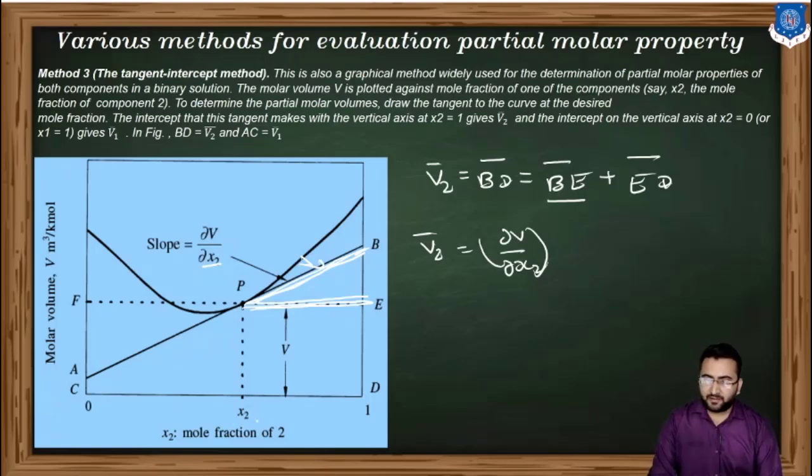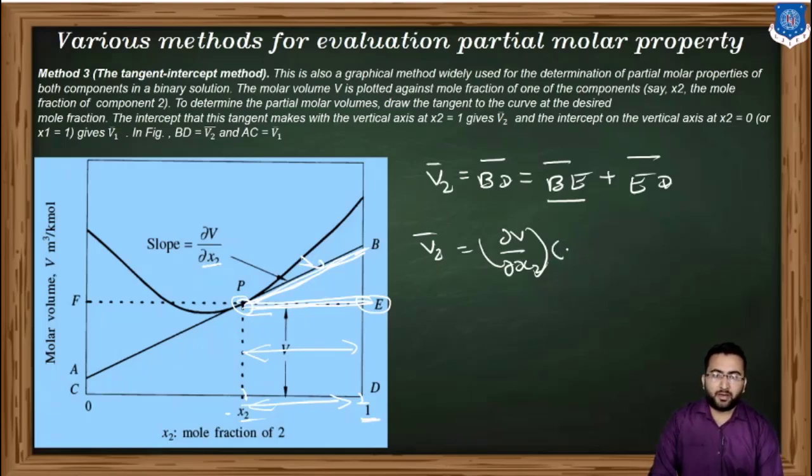From this graph we can say that 1 minus x2 becomes the value of PE, because these two sections are the same: this x2 to D and this point P to point E are the same. So the value of PE is equal to 1 minus x2.